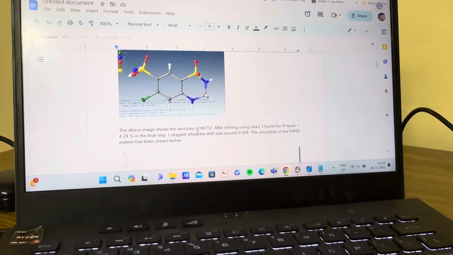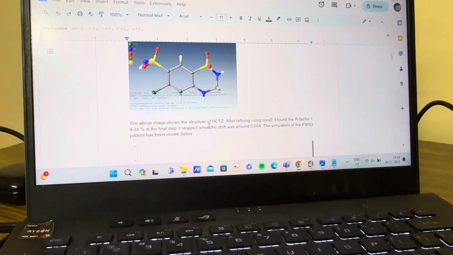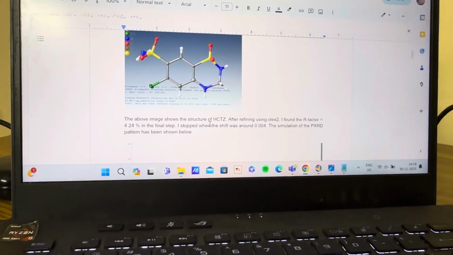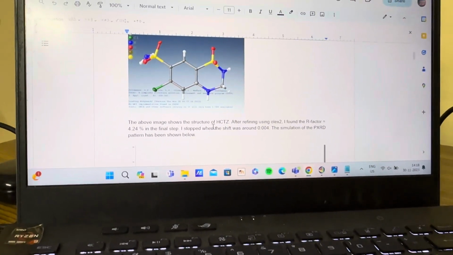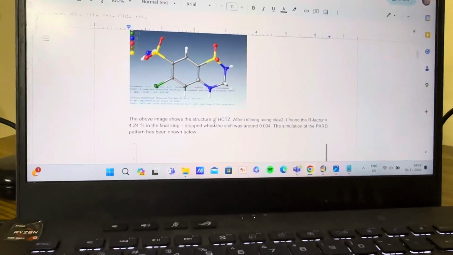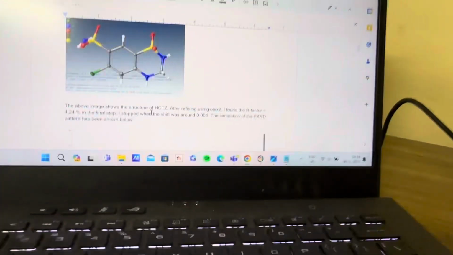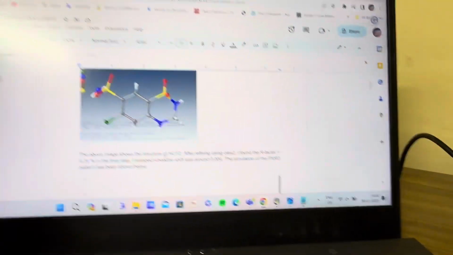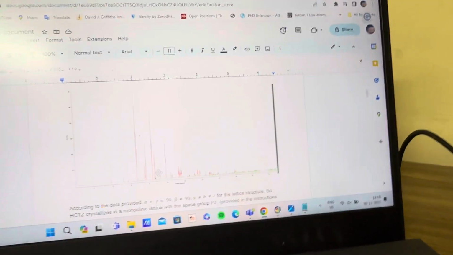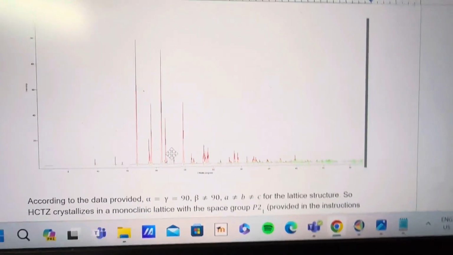It showed a green bar on the software, and I stopped when the shift was around 0.0004. As sir mentioned in the video, a shift in the third decimal place only is a good enough approximation. So this is the PXRD pattern for HCTZ.